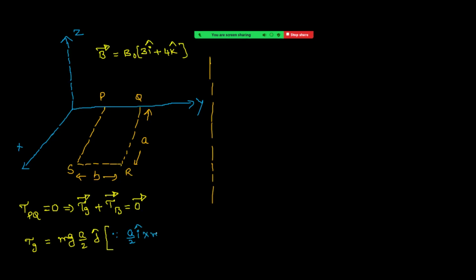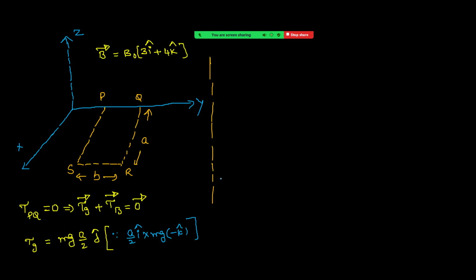F bar is mg into minus k cap. Okay, see what we get here. i cap cross minus k cap. i cap cross k cap is minus j cap. Minus of minus is plus, that is j cap. Okay. Now, since net torque equals 0, the torque due to the magnetic field should be along the negative y-axis.